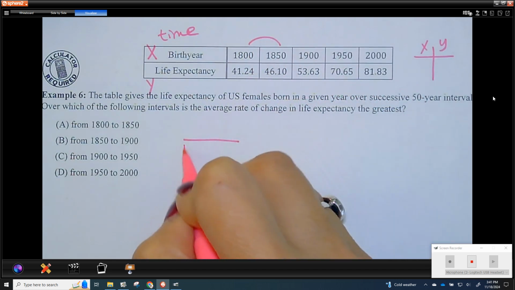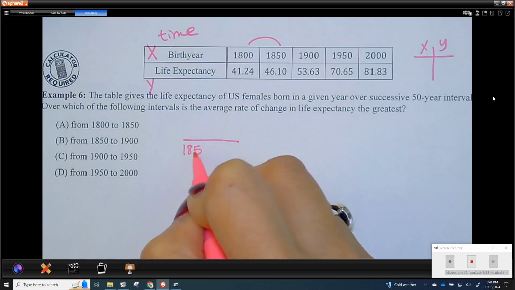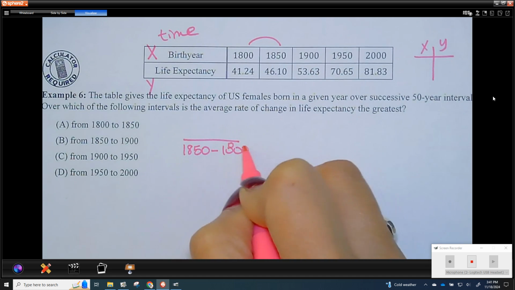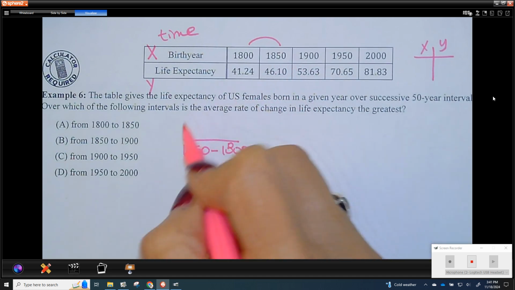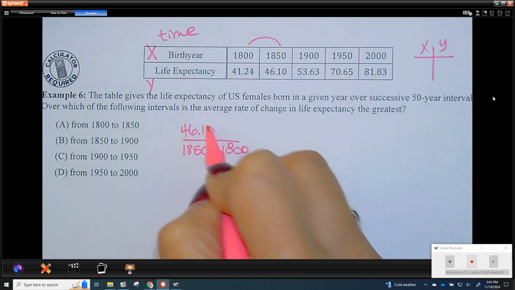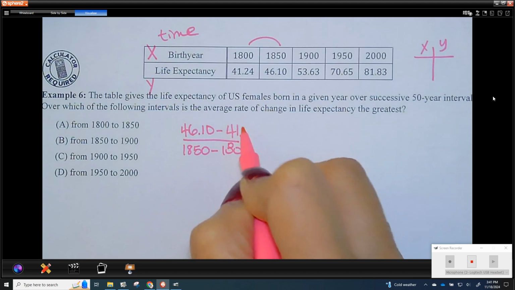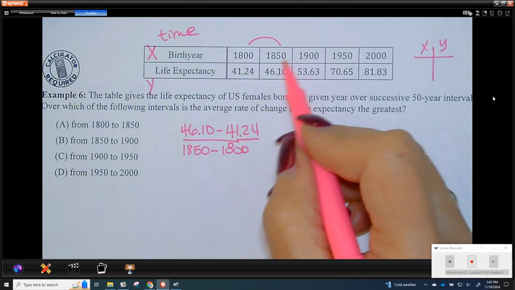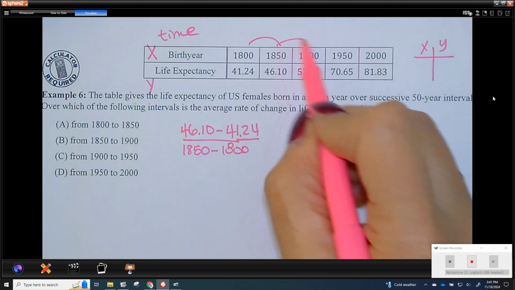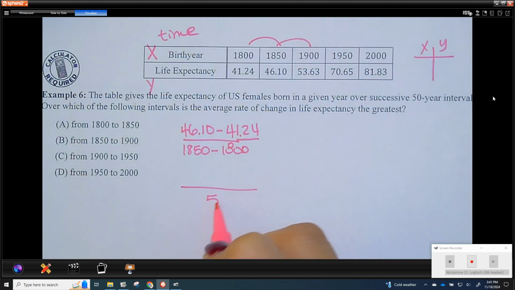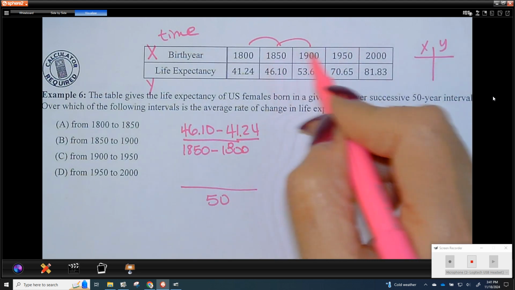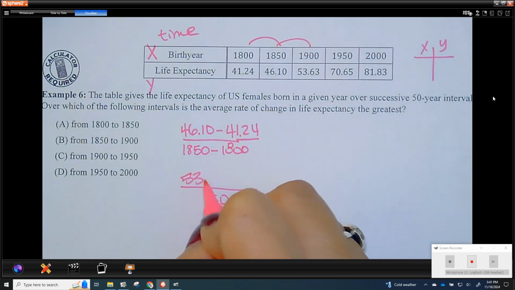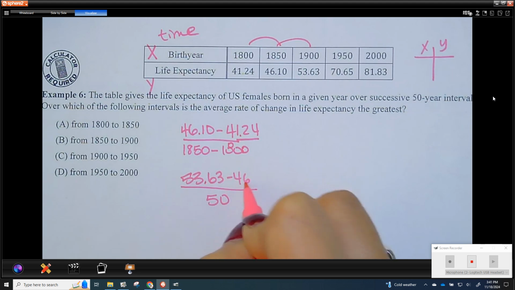So our time is the X, so we're really finding the slope. 1800. And then since I started with 1850, I'm going to do 46.10 minus 41.24. Divide those. 1850 to 1900. Again, the bottom is 50, but if I do positive 50, it'll be 1900 minus 1850, so I had to do 53.63 minus 46.10.